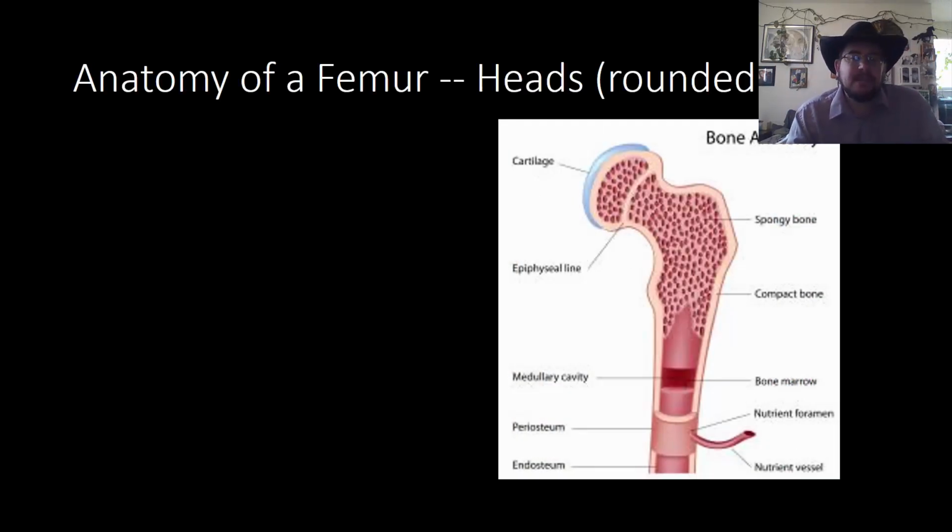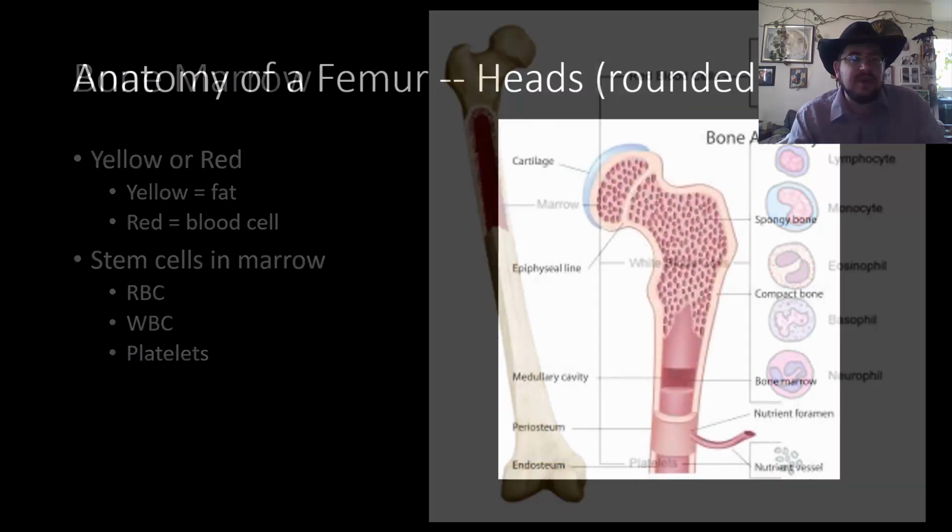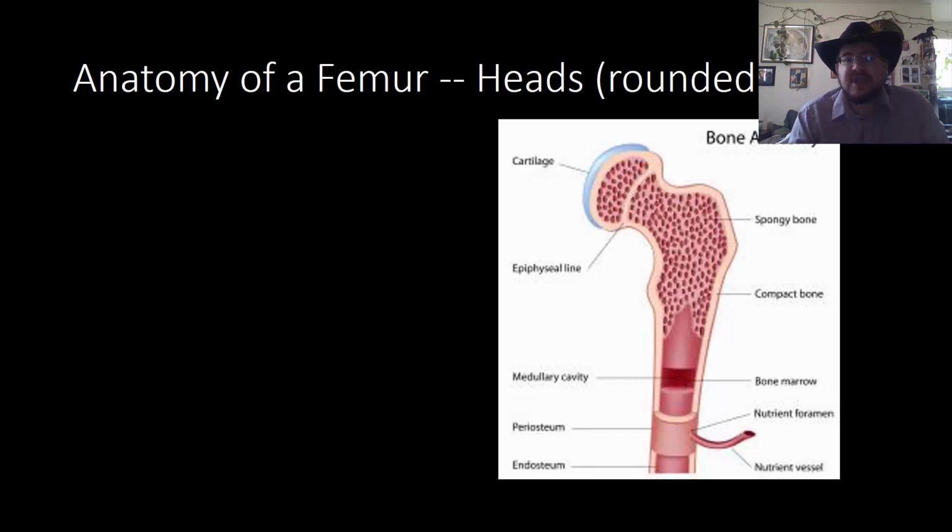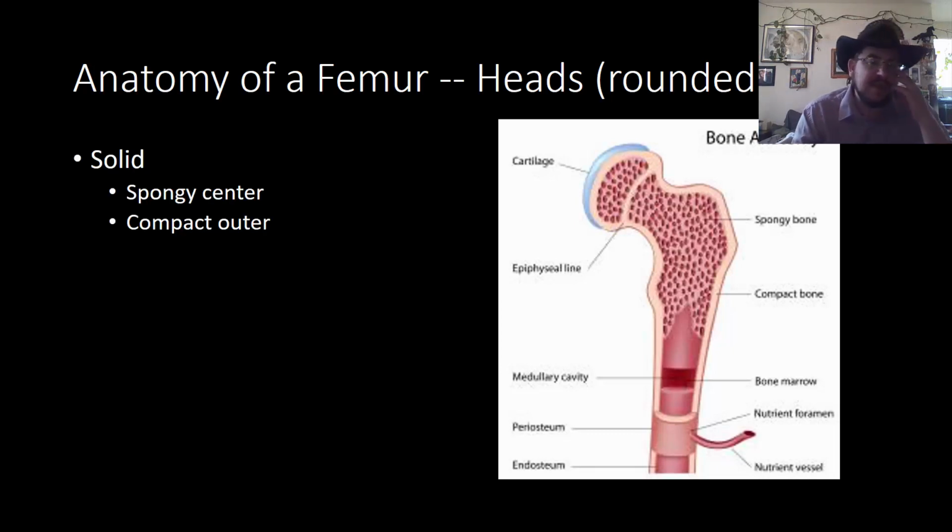All right. We've talked about the shaft and the marrow inside the marrow cavity. Now let's talk about the heads, or the rounded ends of long bones. So femur is great because it has a very large head at one end. Nice view of the anatomy.